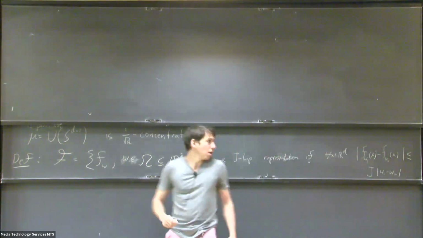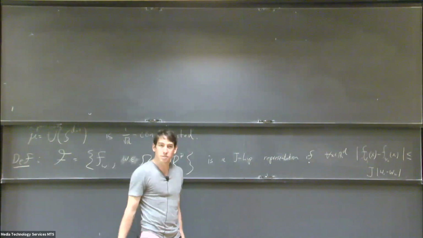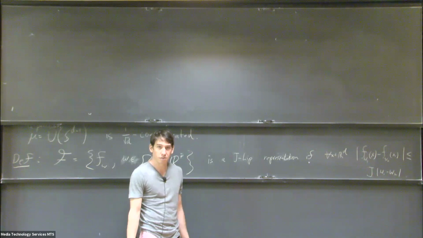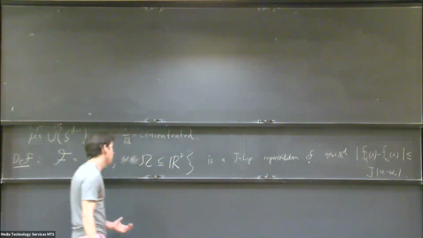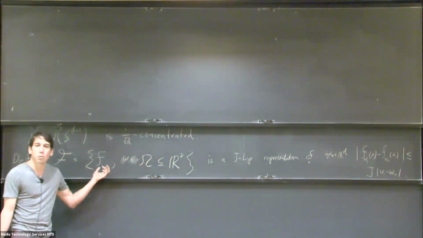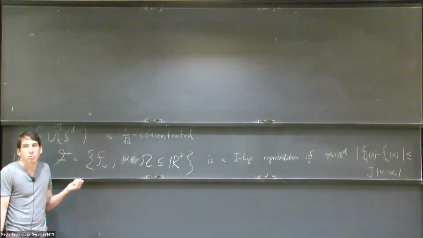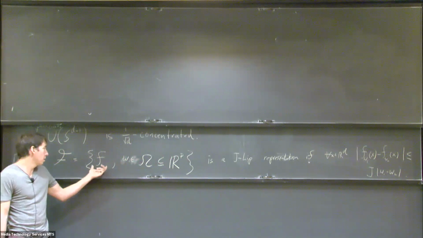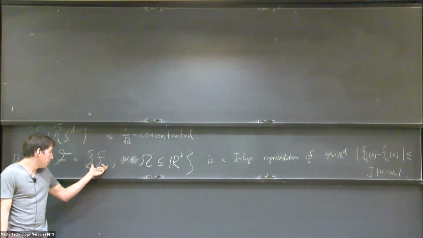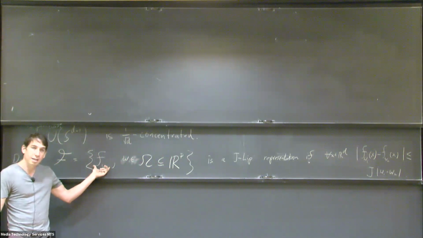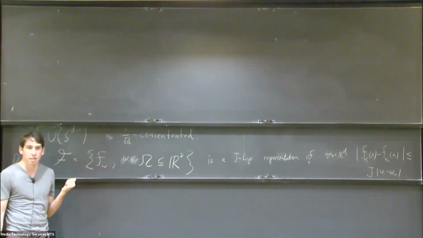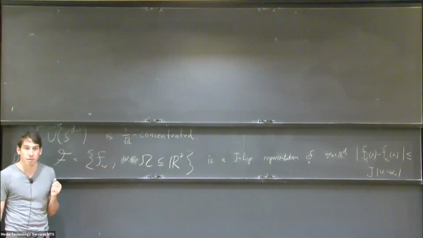So this answers the question that you had, so what's a reasonable way to parameterize a family of functions? So we just want the function to be Lipschitz in L infinity with respect to the parameter.